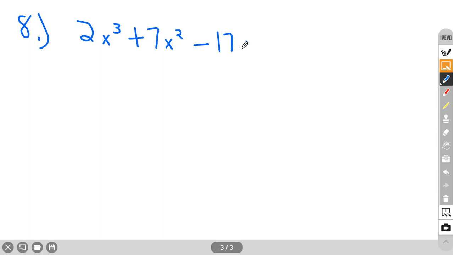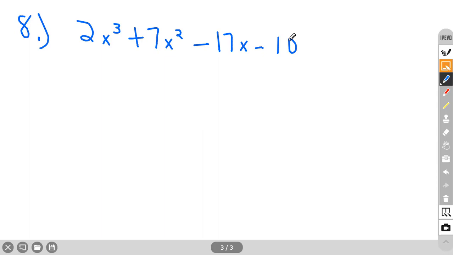Okay, on this next problem on number 8, it wants us to factor this. So on number 8, we have 2x cubed plus 7x squared minus 17x minus 10.